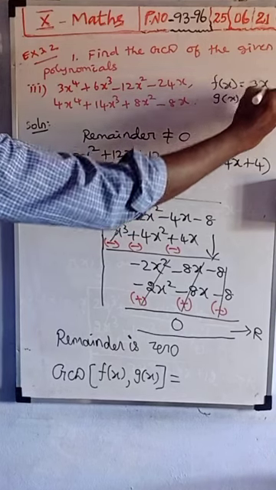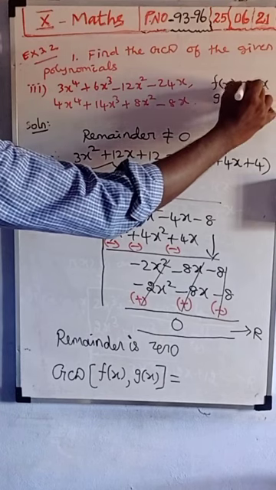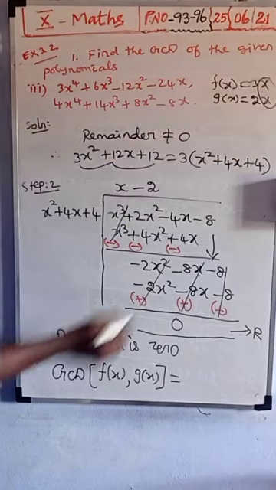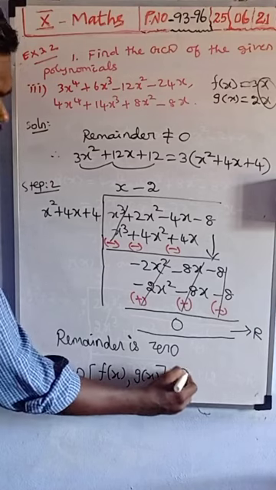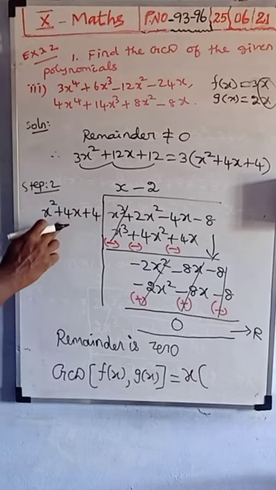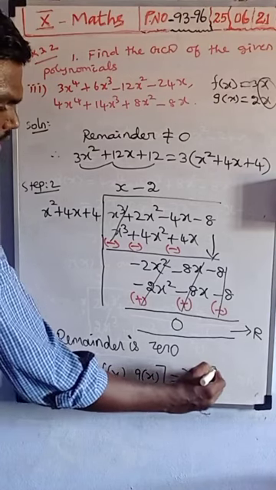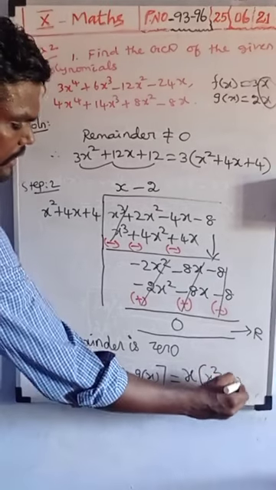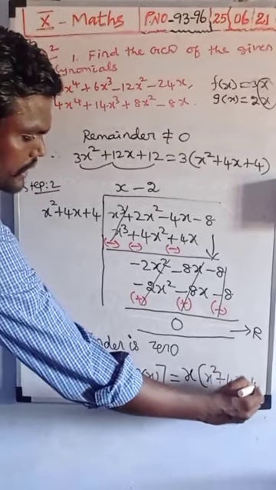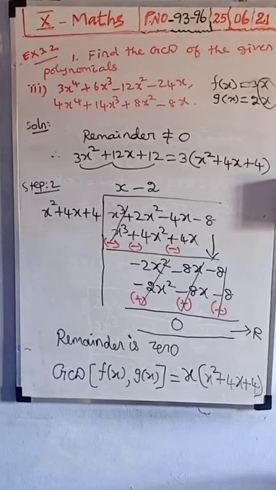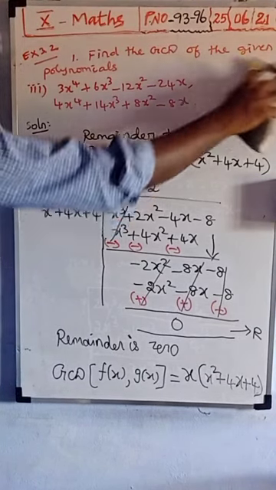In 3x and 2x, what is common outside? x is common. Therefore at last the answer is x times this divisor. Don't forget, at last this x must be written.